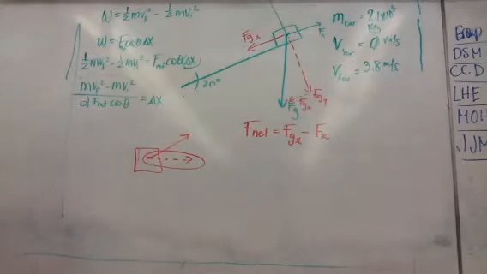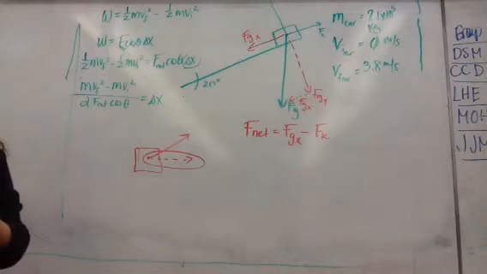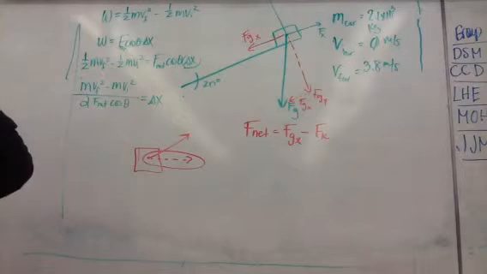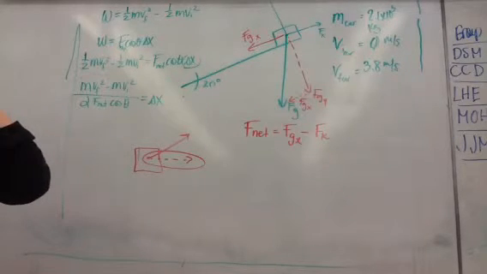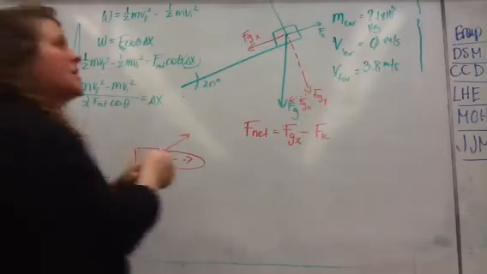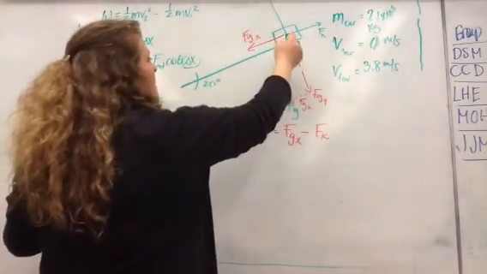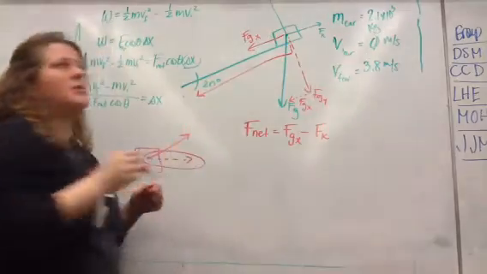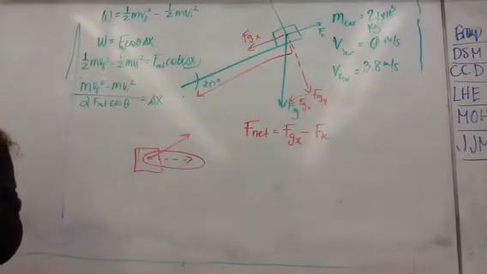What's the angle between the net force and the motion? Zero. Here's where our net force is going to be. Here's where our motion is going to be. There's no angle between them. So that's cosine of 0. Make sense?